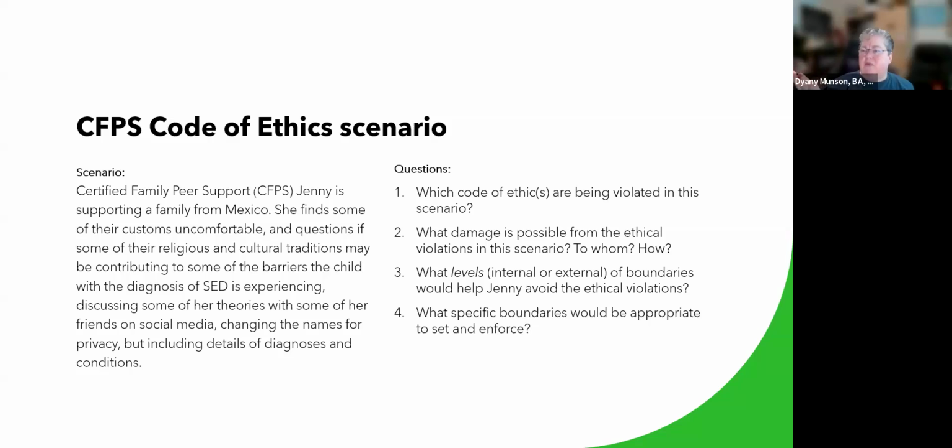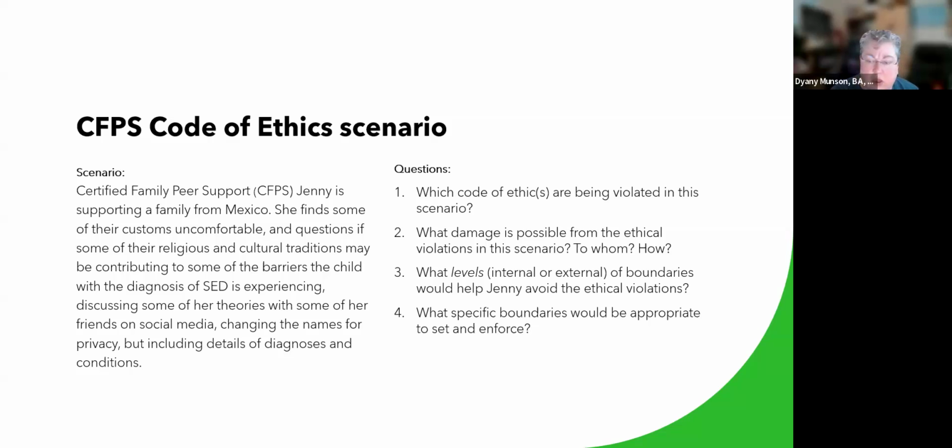That is not a family support person's role. As a support provider, we're supporting people with different things. We're not diagnosing. So yes, I would put 16 there.